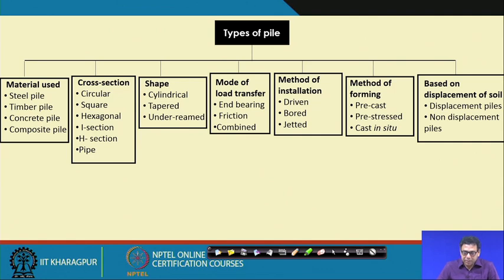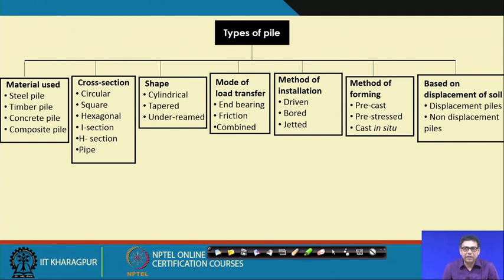Okay. So, method of installation. A pile can be driven, bored or jetted. Method of forming: a pile can be precast, pre-stressed or cast in situ also. Based on displacement of soil, a pile can be a displacement pile or a non-displacement pile.